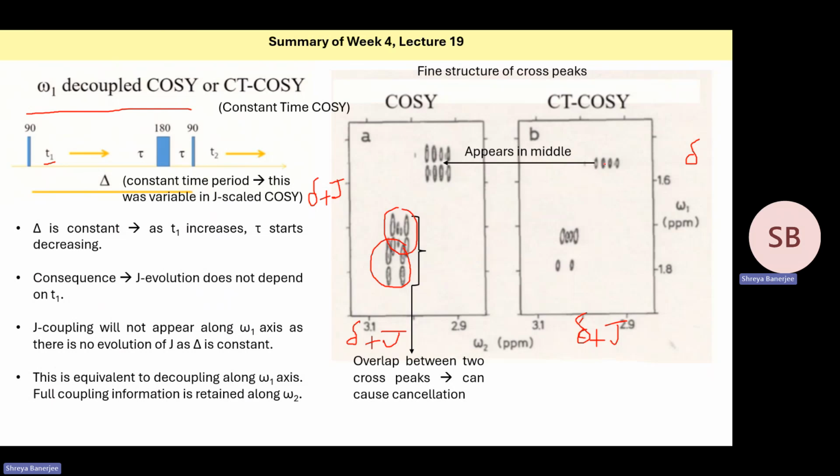You can still get the delta information, and the J information you will get from your omega 2 axis. So no information is lost. CT COSY is a way in which you can make the spectra less crowded and you can avoid cancellation of intensities.